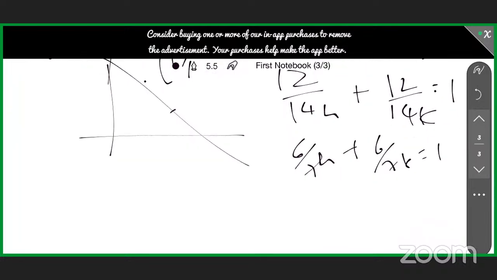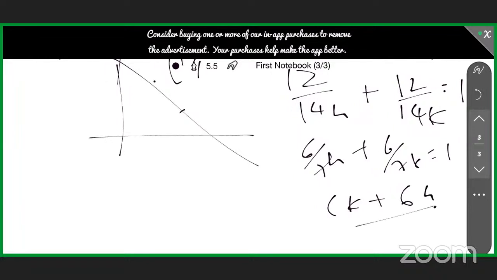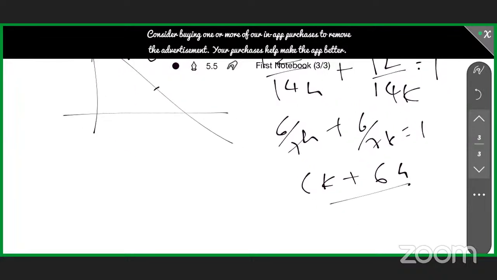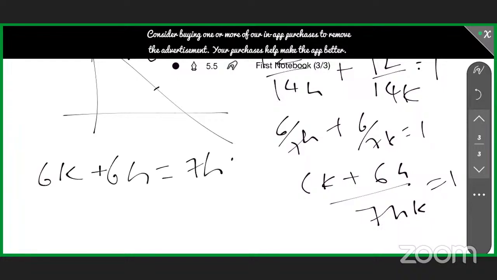This will be equal to 6k plus 6h by 7hk is equal to 1. That is equal to 6k plus 6h is equal to 7hk.